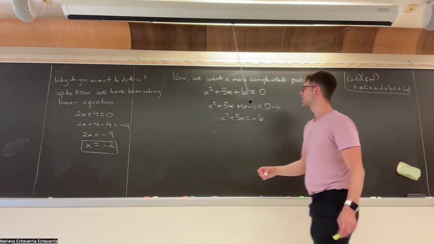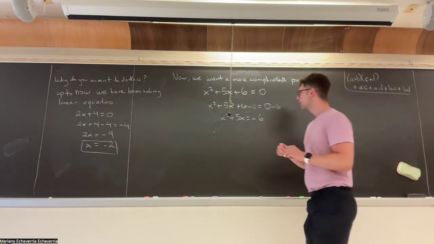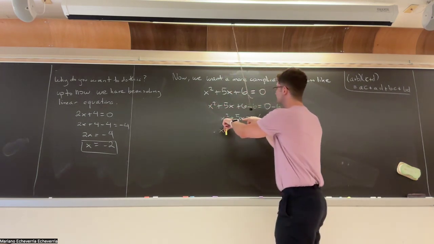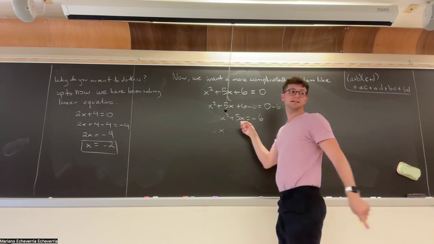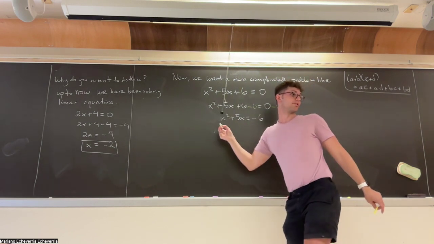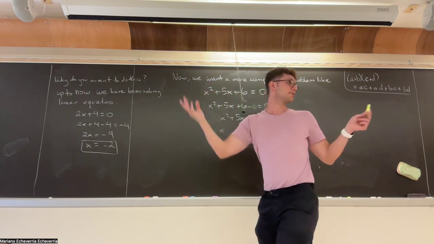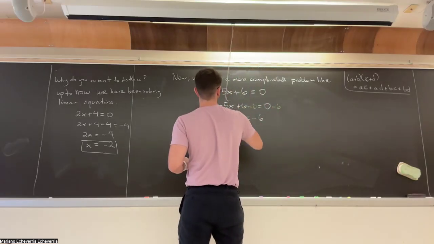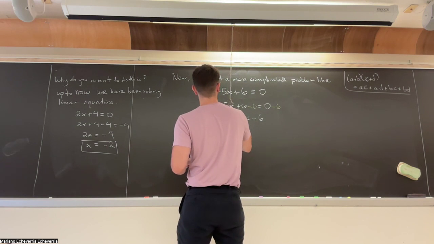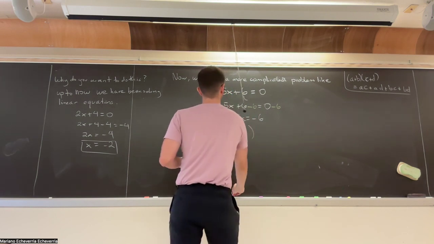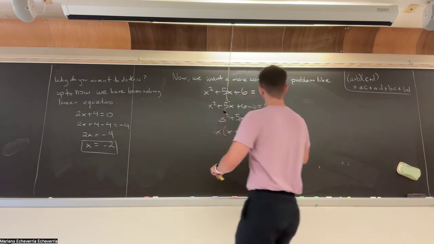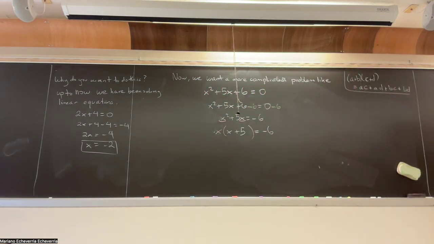But you could still think, well, maybe there's a common x present in both terms, right? So you could factor it out, which is the process I have been referring to. There's an x here and an x here secretly. And it gives you x times x plus 5, right?